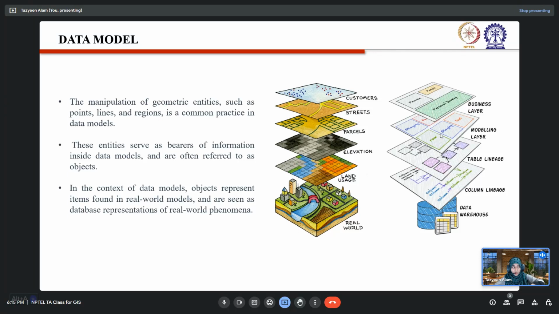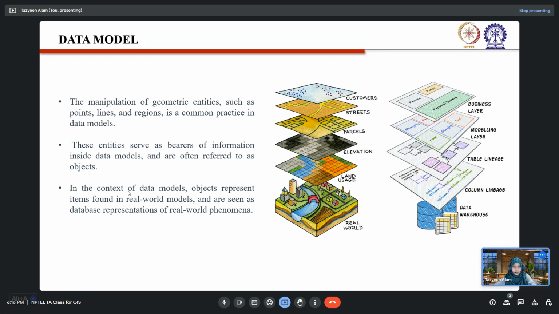As you are moving up the hierarchy, it is clustering your data and the objects within the data model. And finally you have the business layer. It's not exactly a business layer, this is just a dummy diagram for a business module. In case you're working with urban planning models, you might have to replace this. Instead of business layer, it might have your urban dynamic layer, something like that.